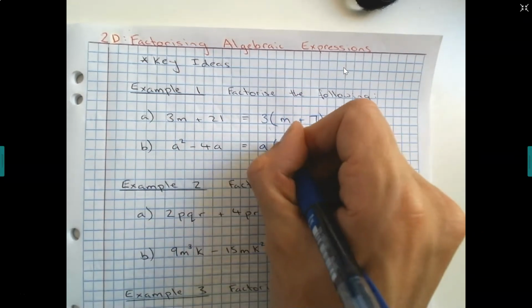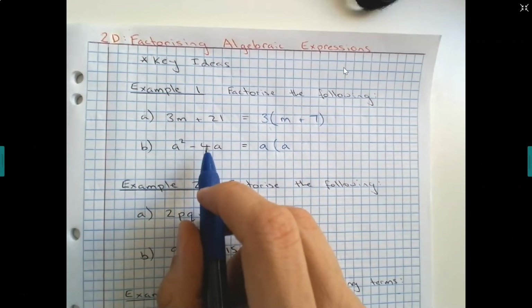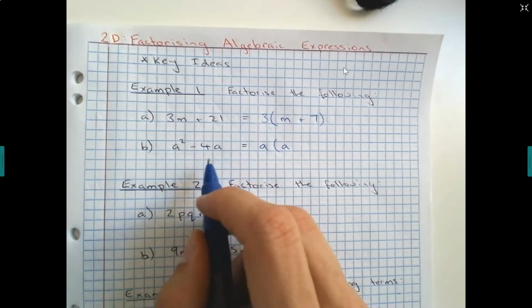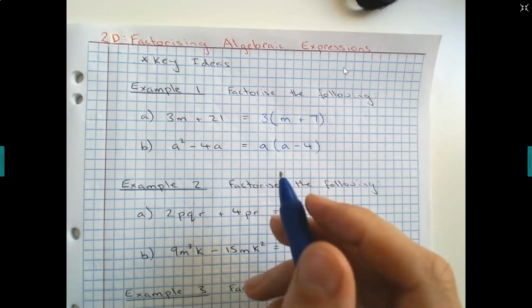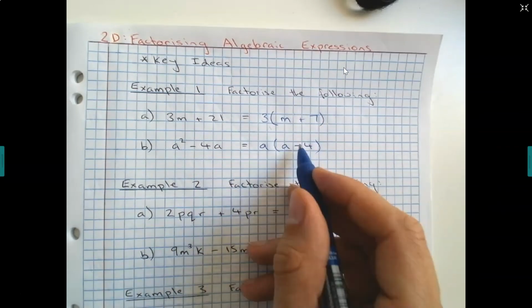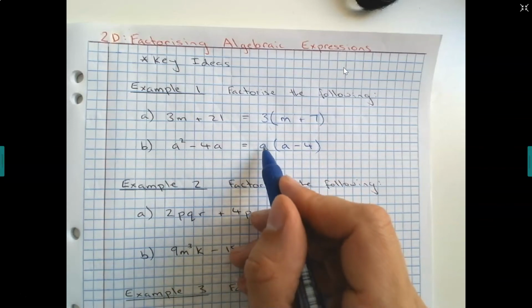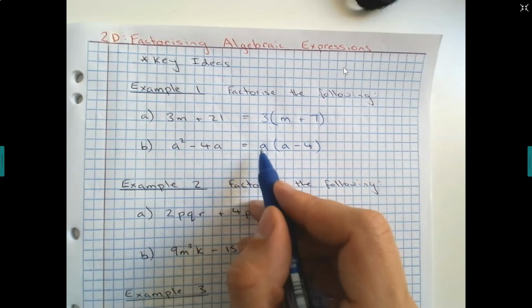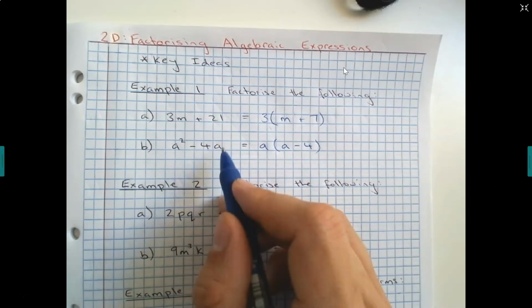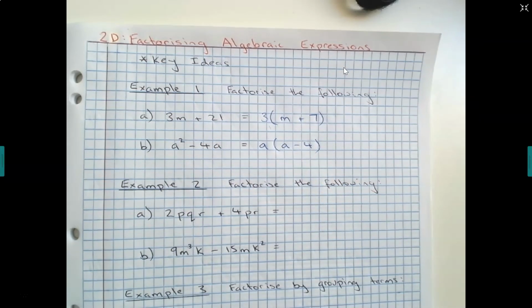I need to multiply it by a. And what do I need to multiply a by to get minus 4a? I need to multiply it by minus 4. So you can see if I was to do the reverse process and expand the brackets, a times a would give me a squared. Then a times minus 4 would give me minus 4a.